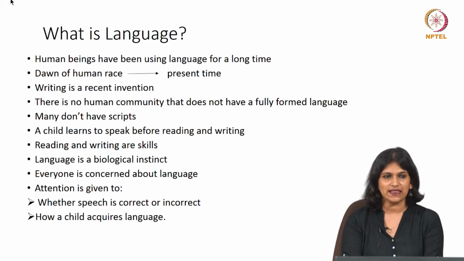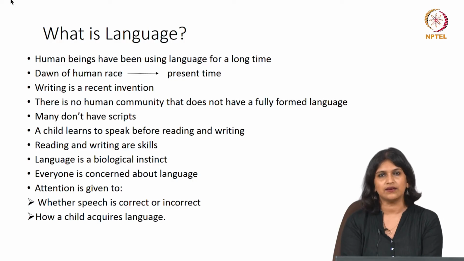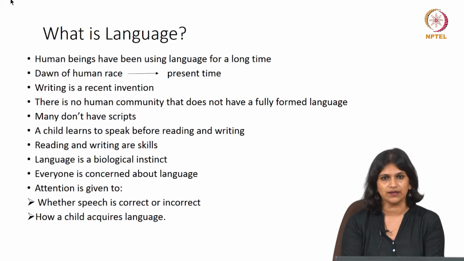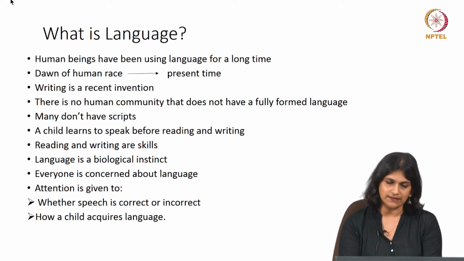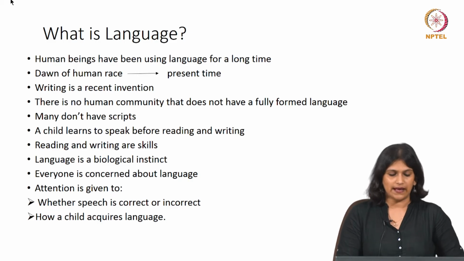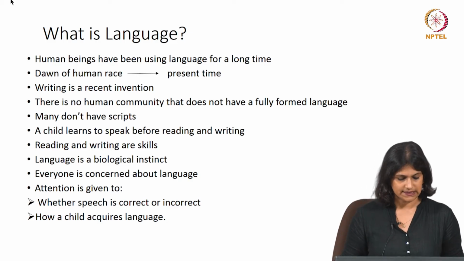If the child is healthy, physically she doesn't have any problem, and she has all her speech organs intact and functioning well, you just can't stop the child from acquiring a language. You might restrict her linguistic environment to some particular language, but the child must acquire it if she doesn't have any physical impairment. That's the reason why we would say that language is actually a biological instinct.